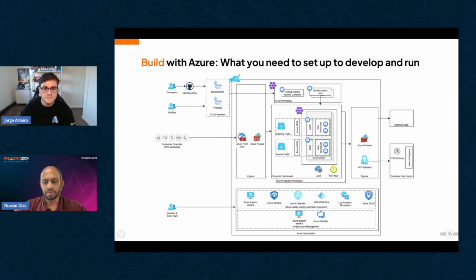And then for observability, you need logs and so on. So we use a bunch of open source tools inside the cluster. At the same time, we use Azure Log Analytics to store and process the logs of the services of our customers that are deployed here.